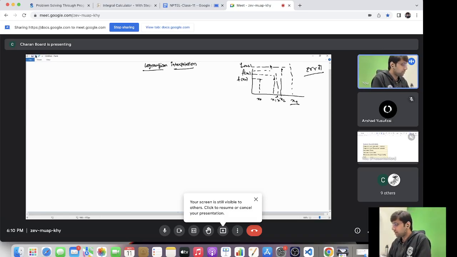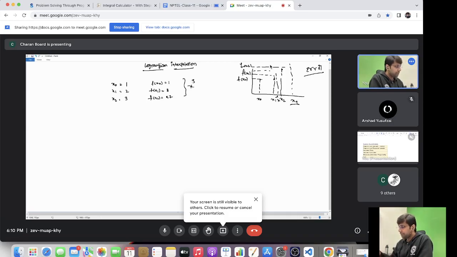You have x0 equal to 1 and f of x0 equal to 1, x1 equal to 2, f of x1 equal to 8, x2 equal to 3 and f of x2 equal to 27. By seeing this you know that this is x cube, right? But we will try to find the Lagrangian equation for this particular data.